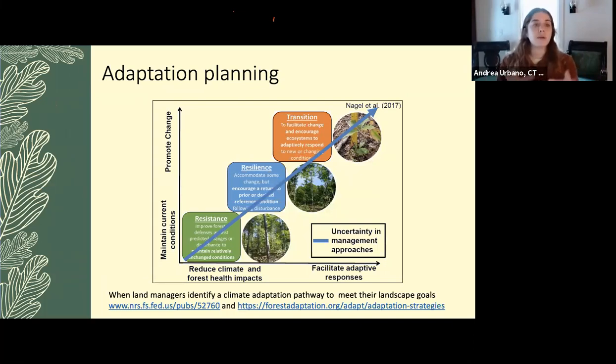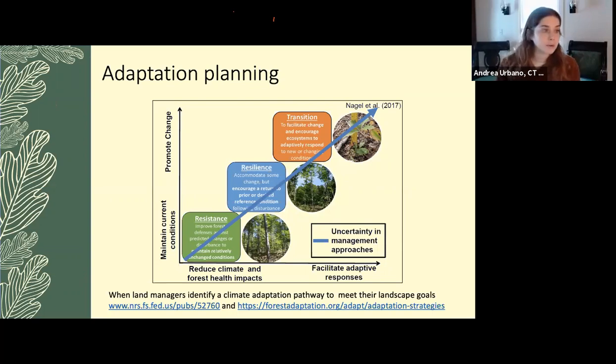But here I describe three broad categories of management options adapted from NIACS by Tony D'Amato of UVM. So you can promote forest resistance through management options, which improves your woodlot's defenses against changes or disturbances. Management options that promote resistance function to maintain current conditions.